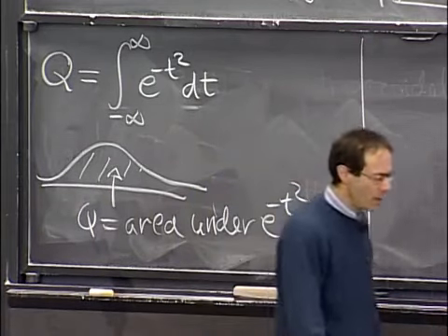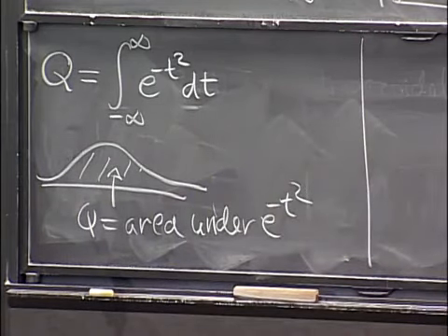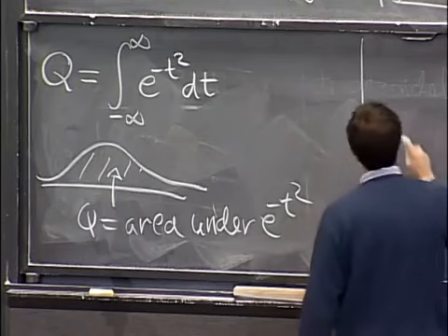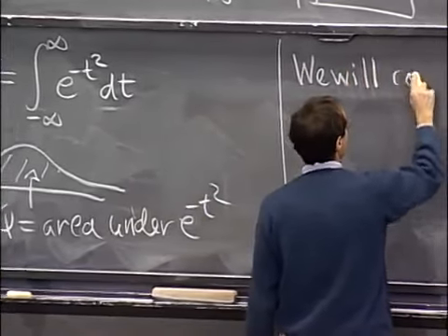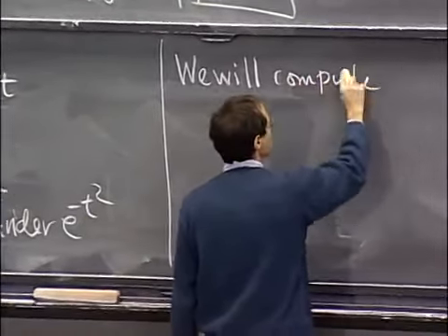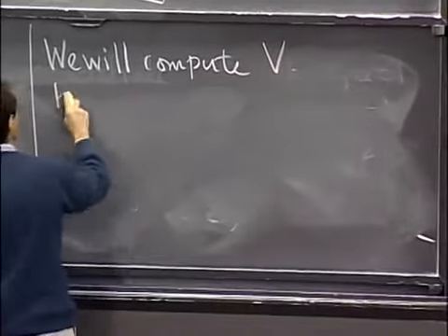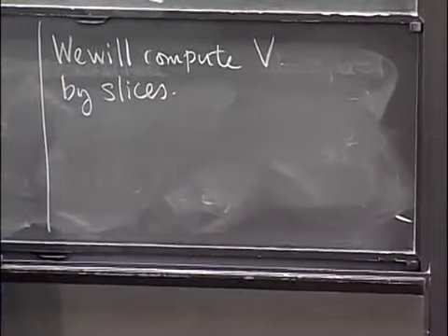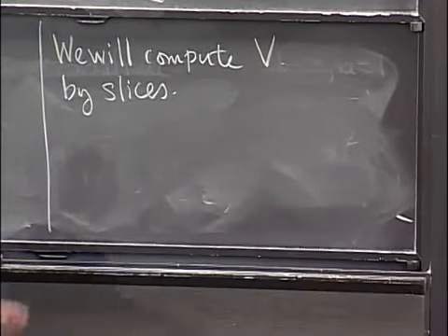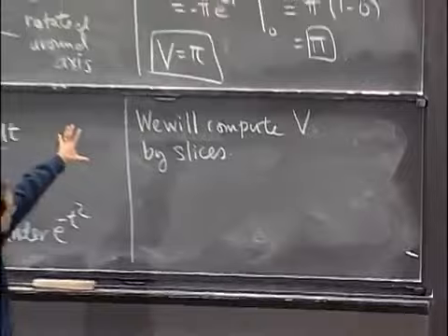Now, what's going to turn out to happen is this. This is the trick. We're going to compute V in a different way, and you'll see it laid out in just a second. We will compute V by slices. We're going to slice it like a piece of bread here. We're going to solve for that same thing here.